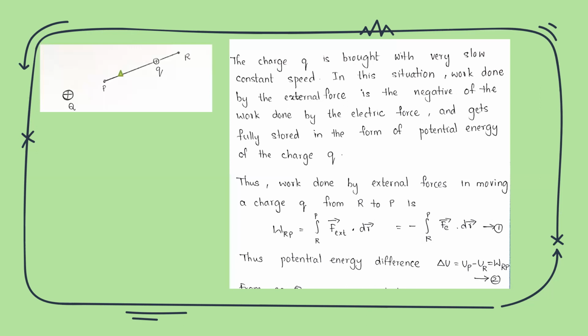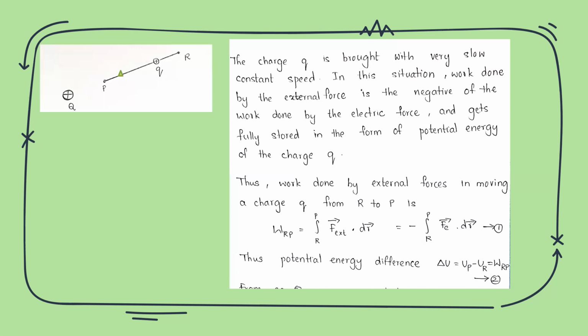That is W_RP, the work done in bringing the charge small q from R to P, is equal to the integral from R to P of F external dot dr bar. We know work done is equal to the dot product of force and displacement. So F external dot dr bar.